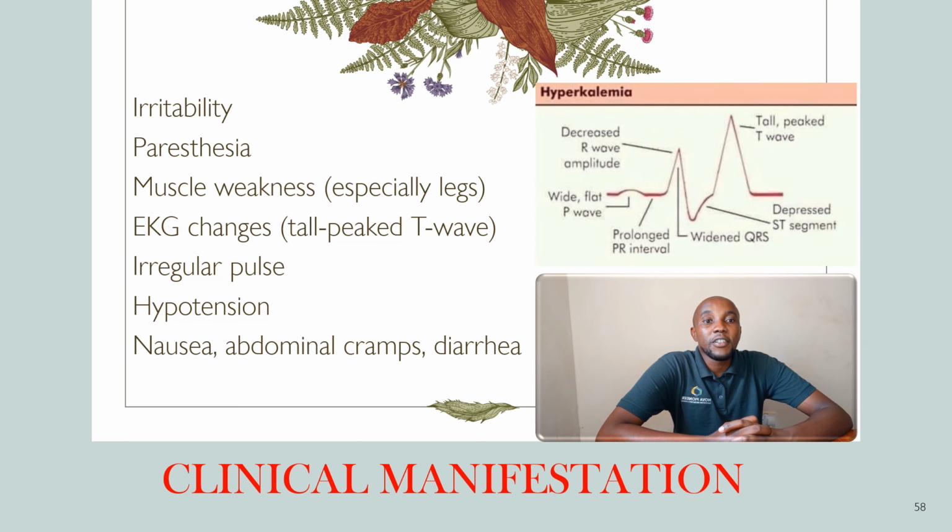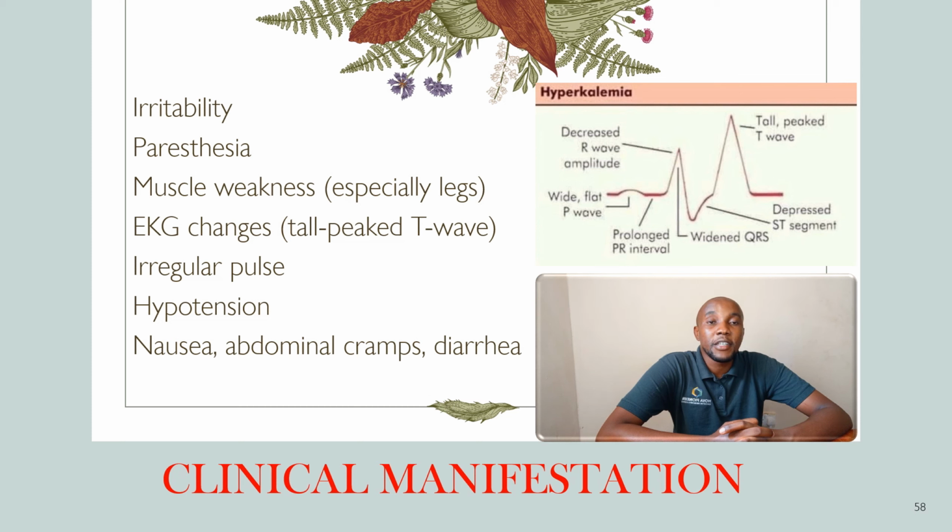What are some of the clinical manifestations associated with hyperkalemia? Patients with hyperkalemia present with these signs and symptoms: irritability. They also have paresthesias. They also present with muscle weakness, especially the legs. We also see EKG changes with hyperkalemia.